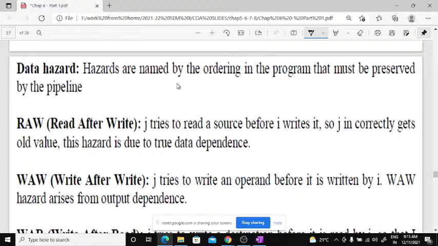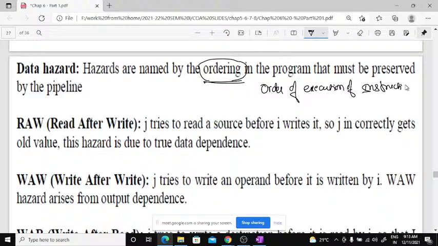The data hazards are named by the ordering in the program that must be preserved: the order of execution of the instructions must be preserved by the pipeline. Order means one by one.